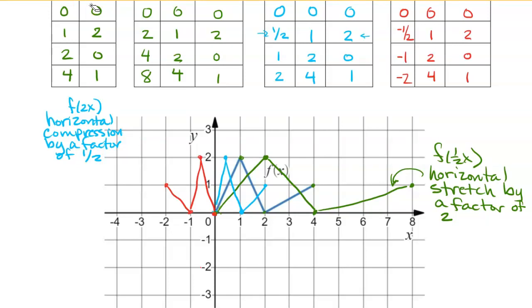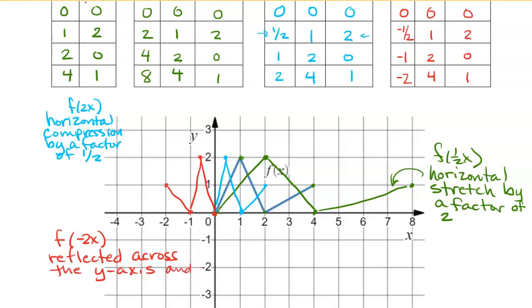Okay, so you know that this goes with the blue graph, and then for the red graph, we'll write it down here. We have f of minus 2x. That is now reflected across the y-axis, and it's also compressed.